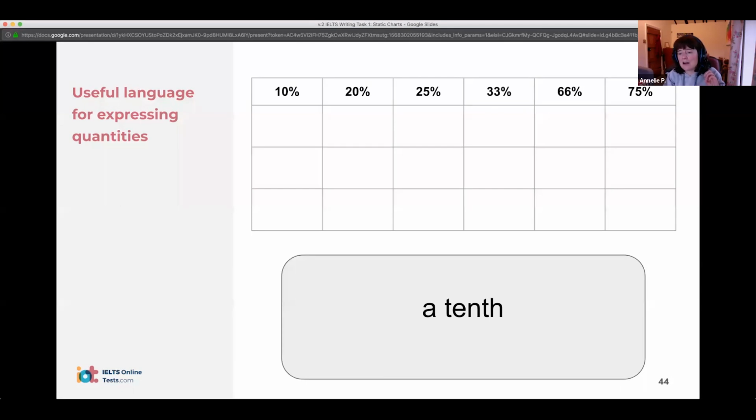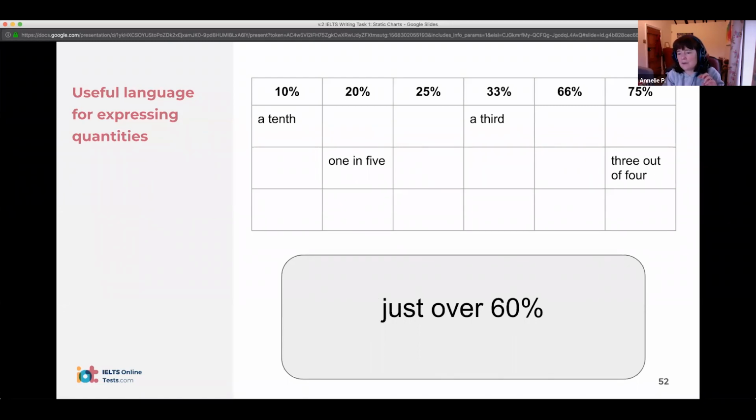So a tenth would be the same as 10%, very good. 1 in 5 would be 20%. We've also got a third, 33%. 3 out of 4 is 75%.